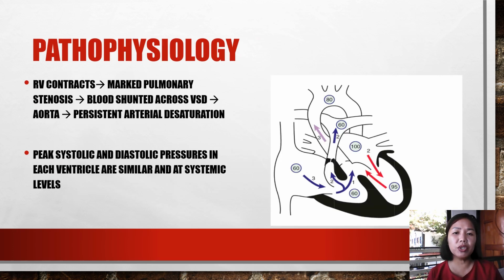As the right ventricle contracts and with presence of marked pulmonary stenosis, the deoxygenated blood goes to the pulmonary artery across the pulmonary valve.